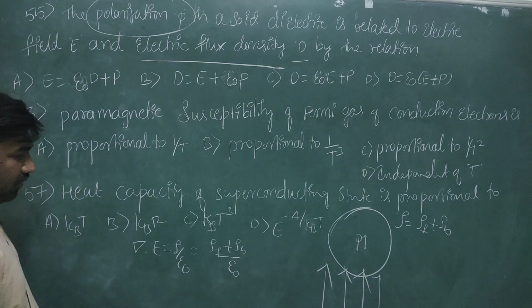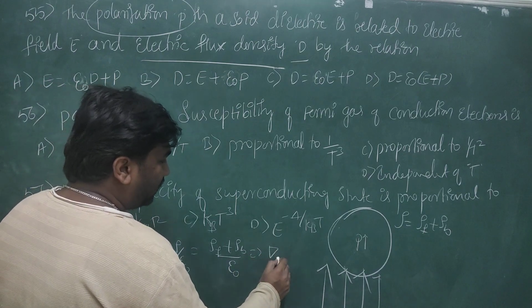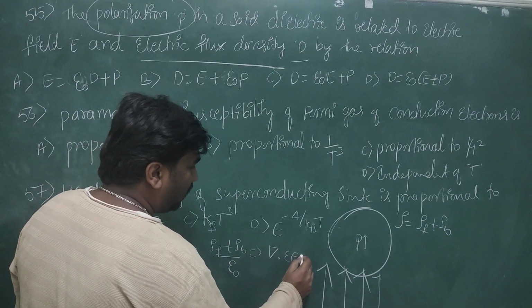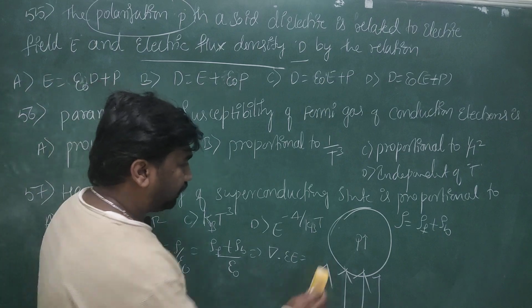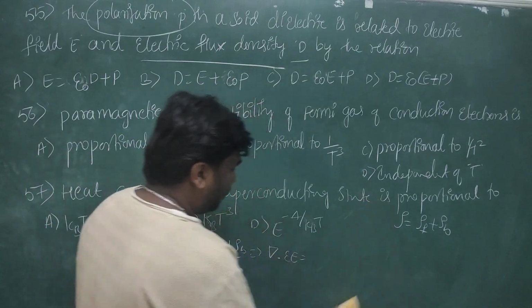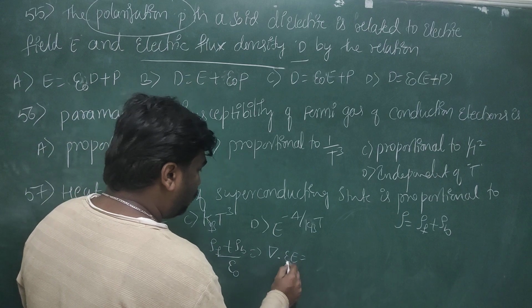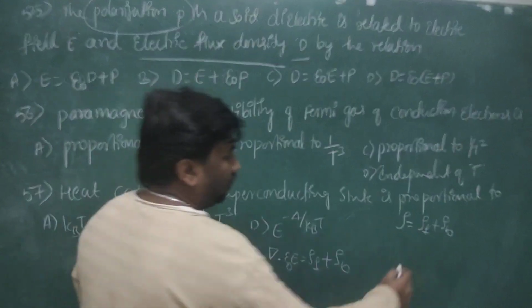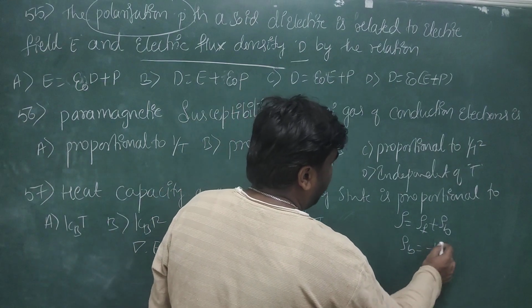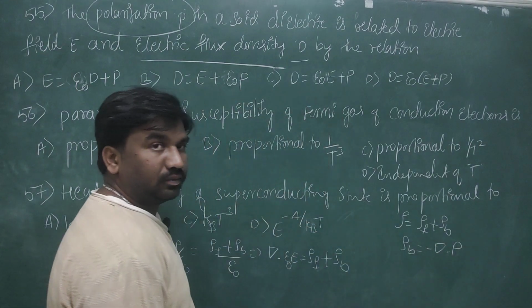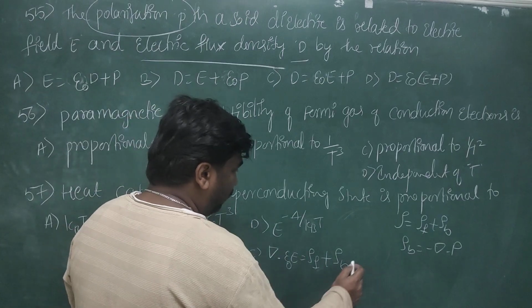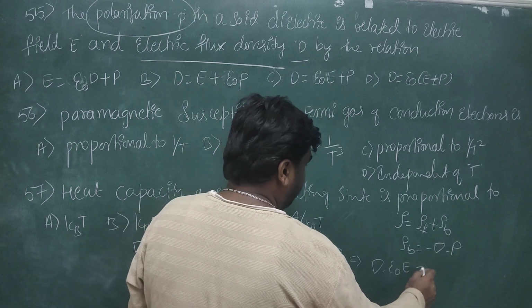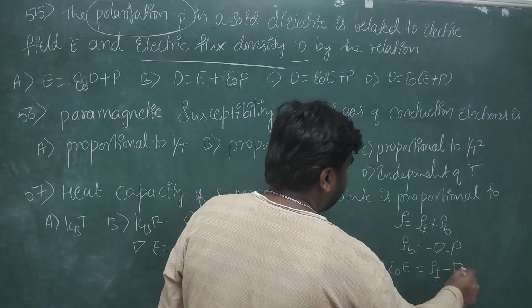So, del dot epsilon naught E is equal to rho f plus rho b, and rho b is nothing but minus del dot P. Therefore, del dot epsilon naught E is equal to rho f minus del dot P.